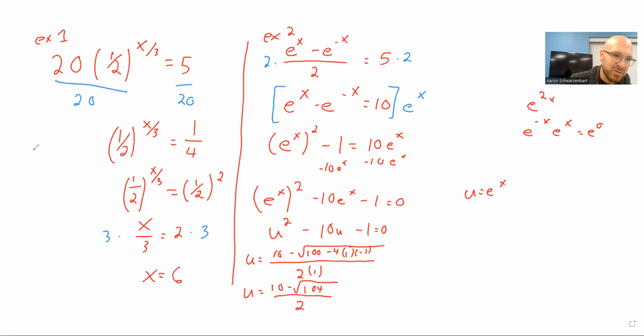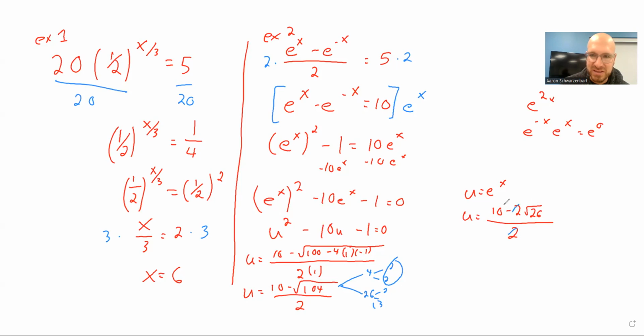I'll reduce my 104 here. That's 4 and 26, 2 and 2, 2 and 13. I got a pair of 2's. So u equals 10 minus 2 square root of 26, there's a 2 and a 13 left, over 2.